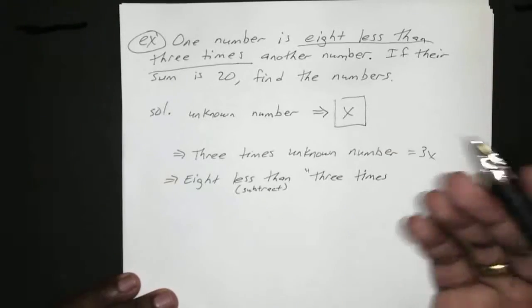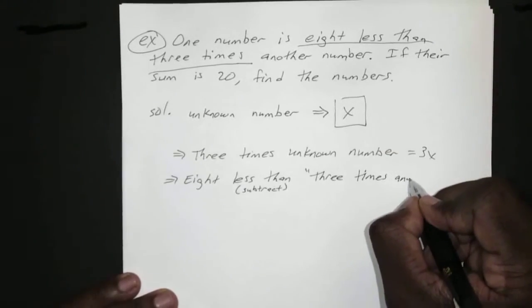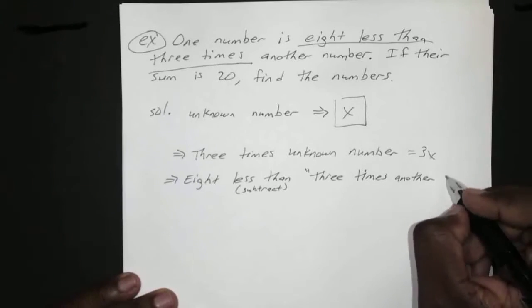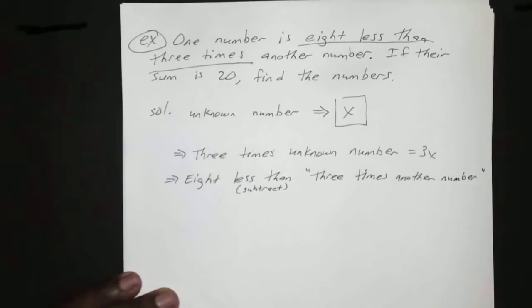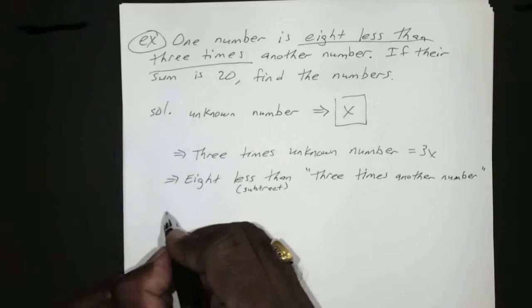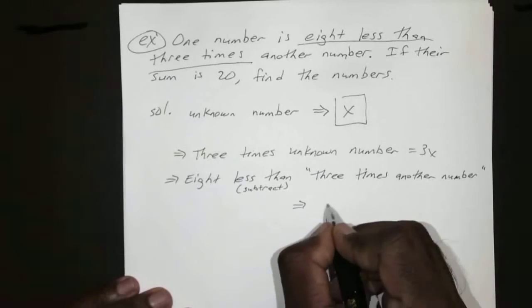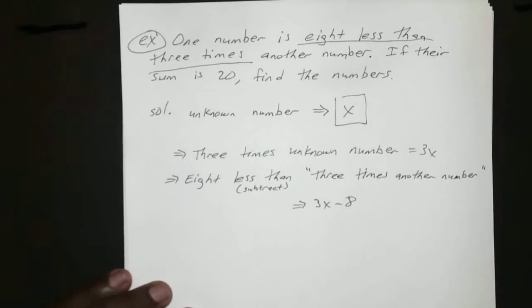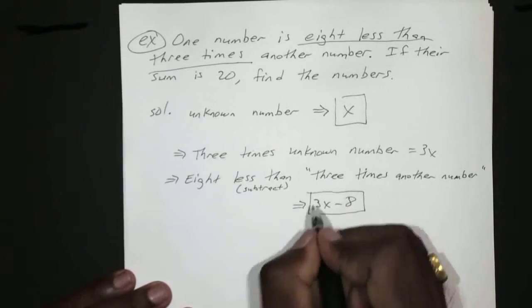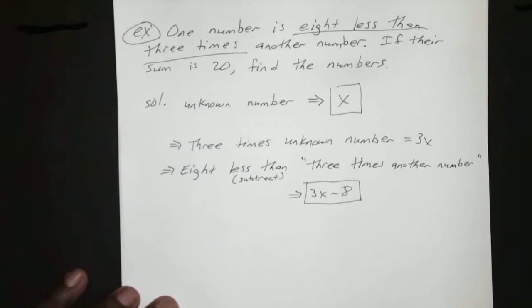Well, they said another number, unknown number. Minus 8. So we have our x, we have our 3x minus 8.